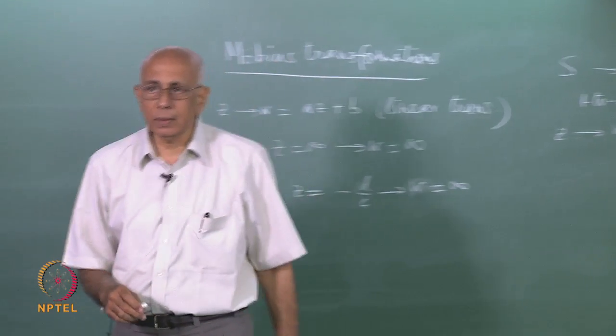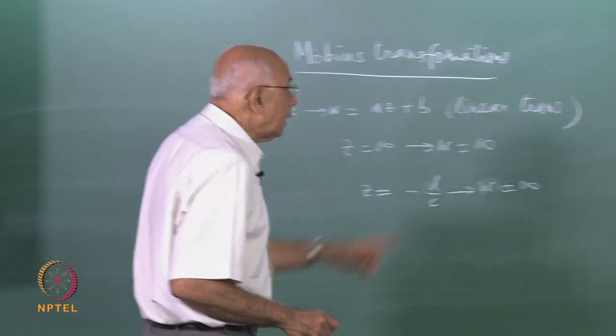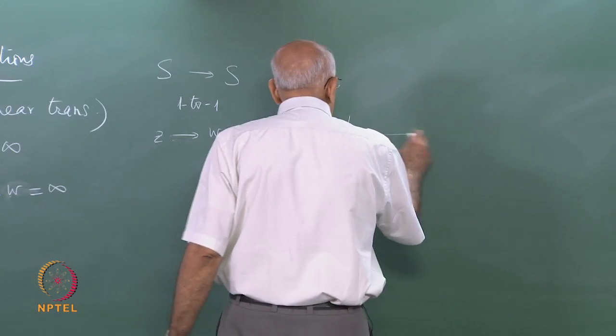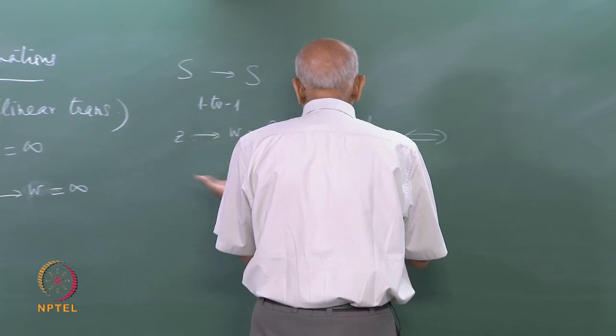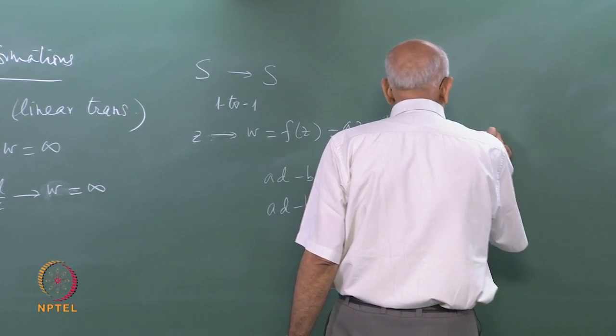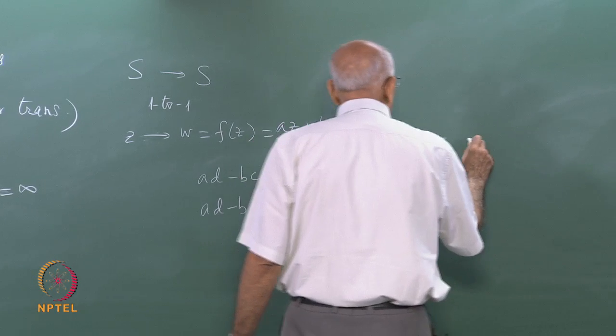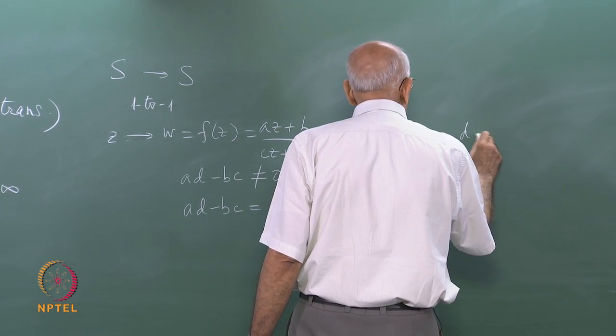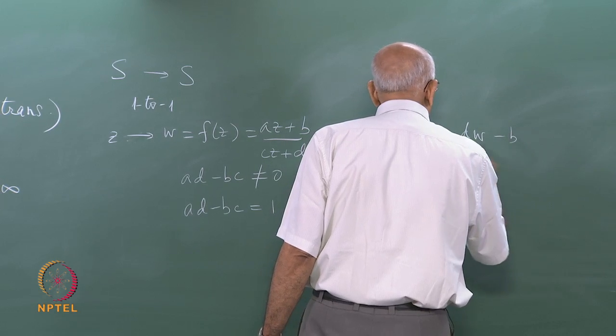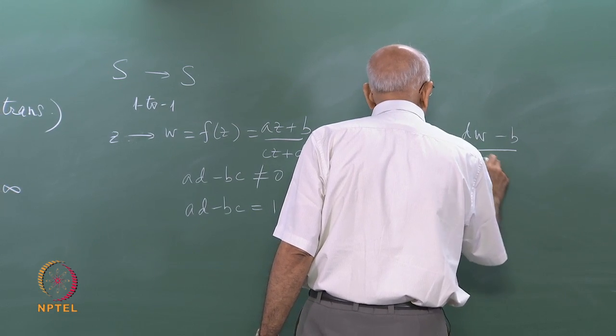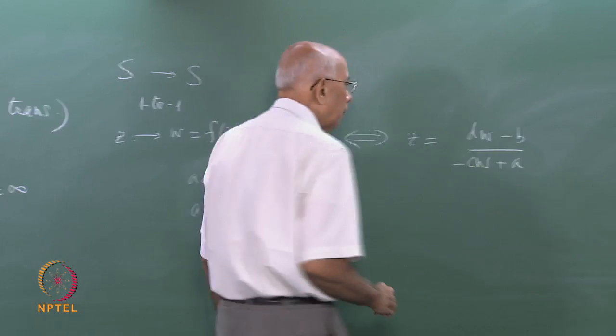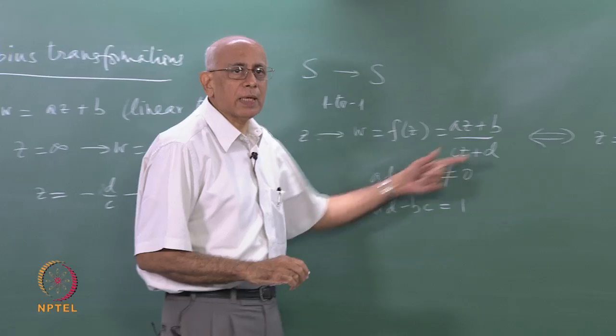That is immediately clear. On the other hand, this also implies, and is implied by the fact that Z equal to dW minus B over minus CW plus A. That is just the inverse transformation.